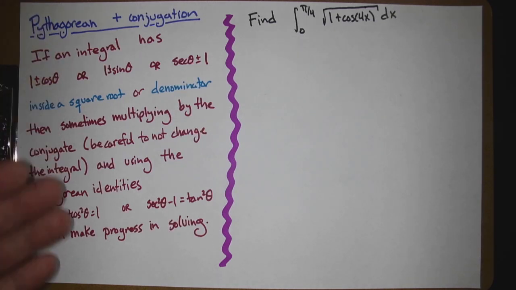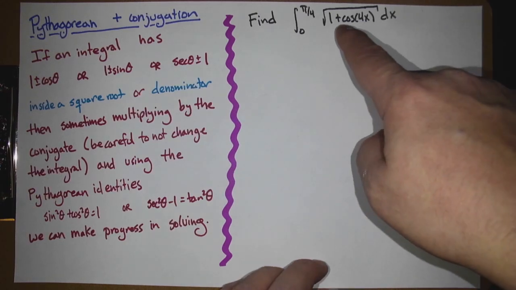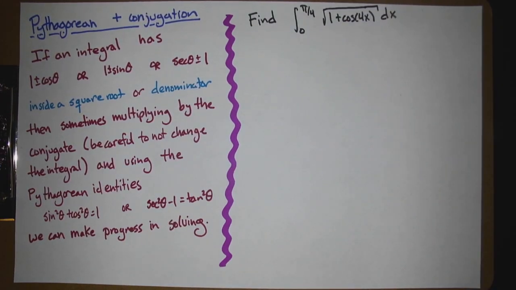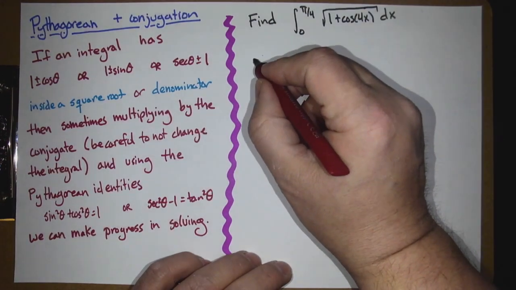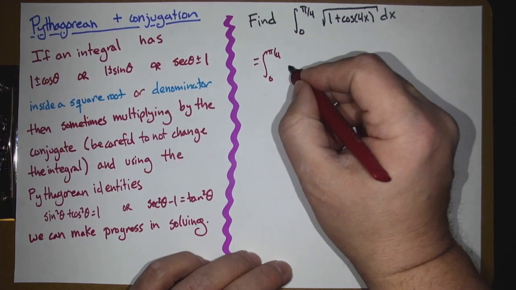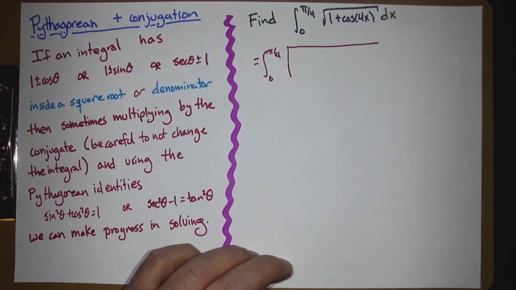We have a 1 plus a cosine inside a square root, so we'd like to get something outside a square root. So let's apply this idea. This will be the integral from 0 to pi over 4, and we'll just do it all inside the square root.